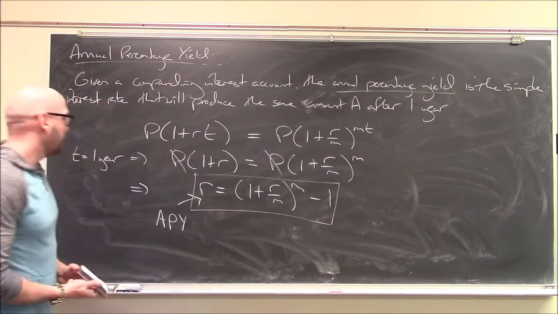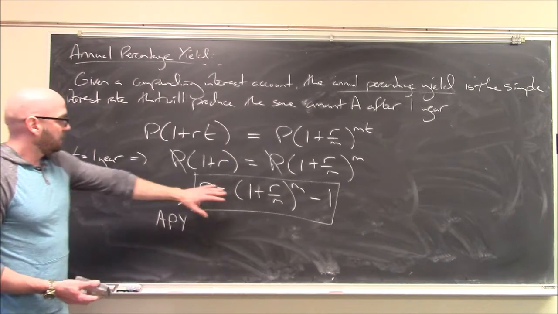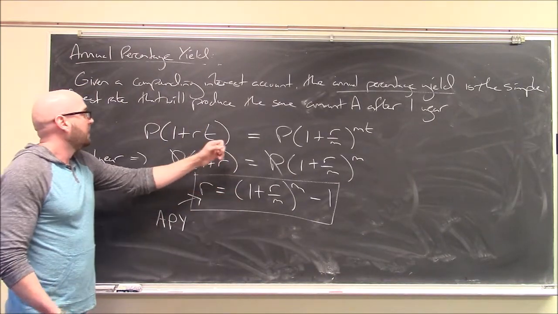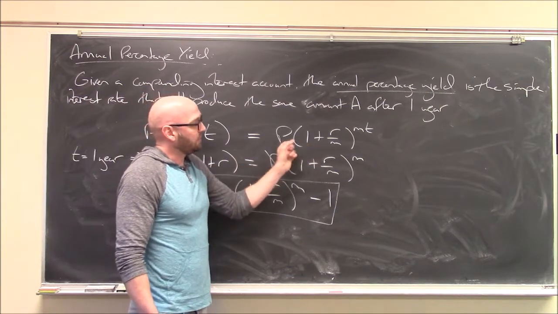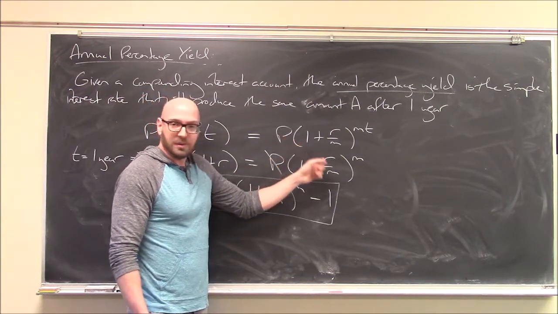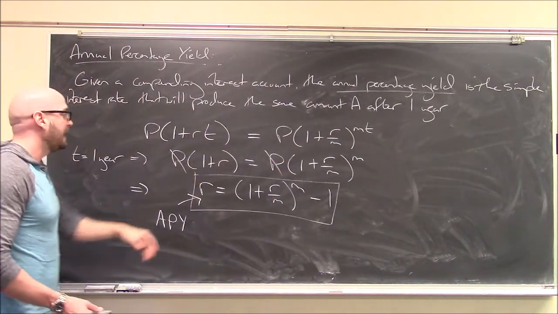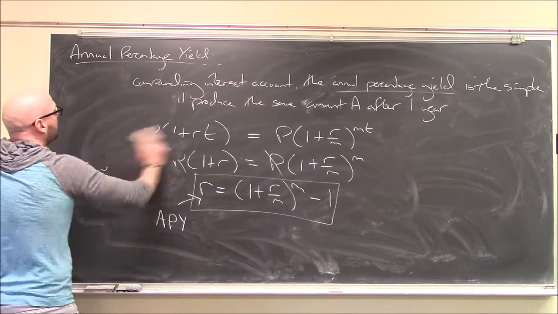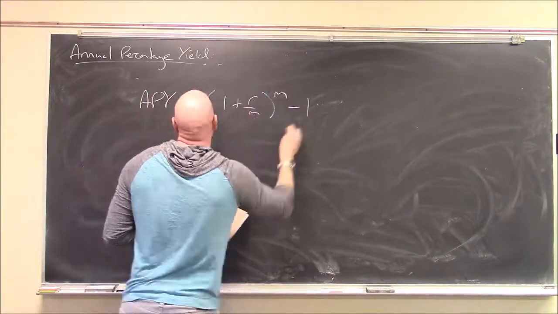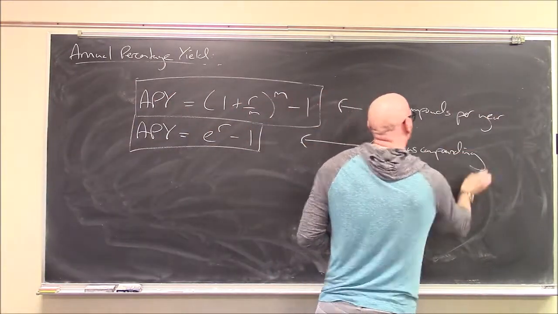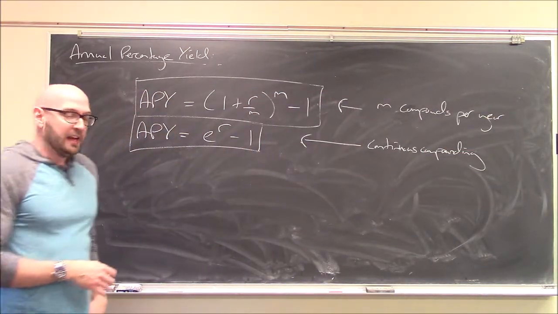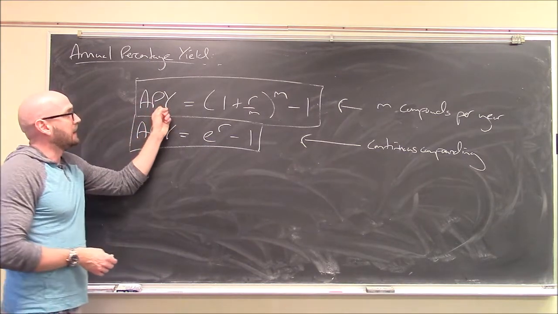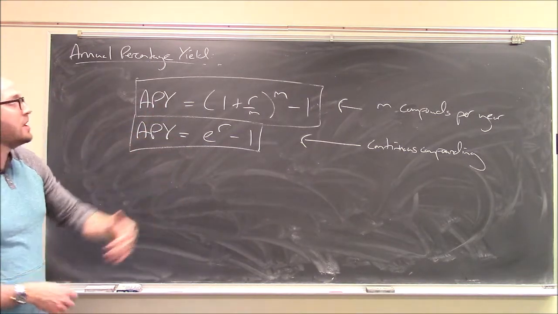So let's make a note of this. You could also go through this process with the continuous case, P times e to the RT, and solve for that, but I'll just give you the end result right now. So APY. If you solve for APY in either case, here's a summary of the results. The top one is the one we just found, where we have M compounds per year.